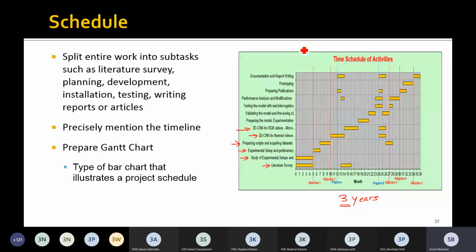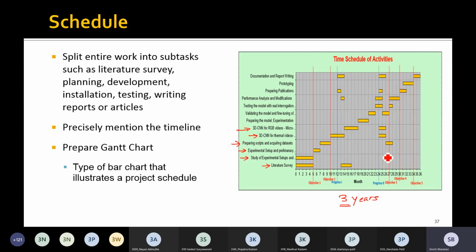But a few tasks can be undertaken in parallel, and we may consider the timeline accordingly. So these two tasks can be undertaken in parallel. These are the timelines, depicting the number of months required in this example. Once again, see, these two tasks overlap somewhere.